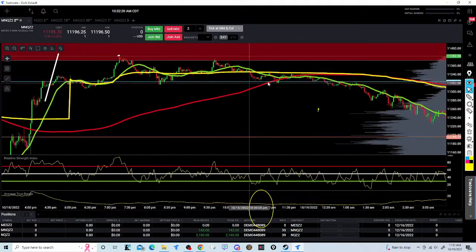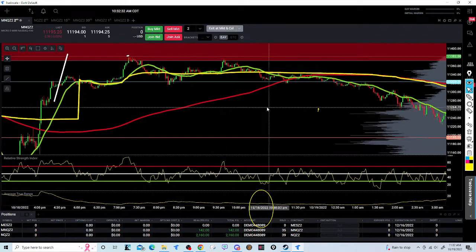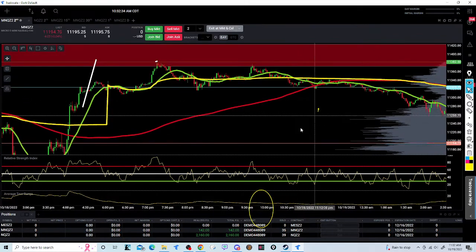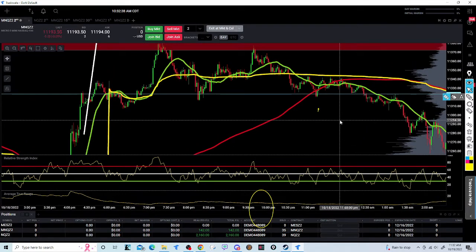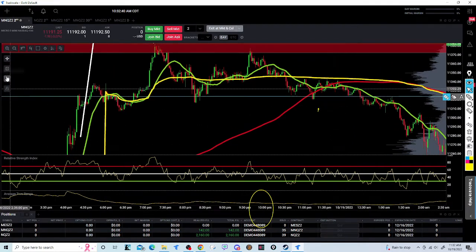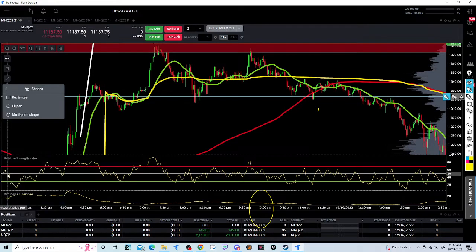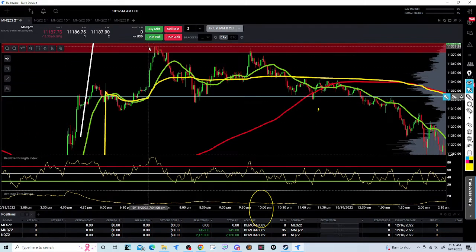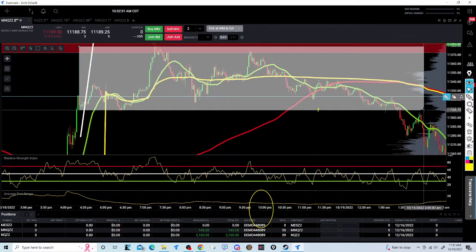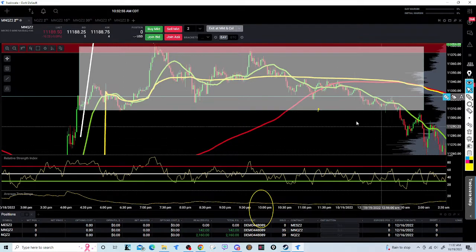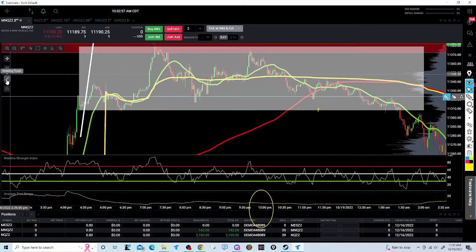Here we have another range. Let's open it up and mark it out. Grab our shapes, rectangle. Let's go from here right down to the candles, right where the candle closed. Now we have this range.